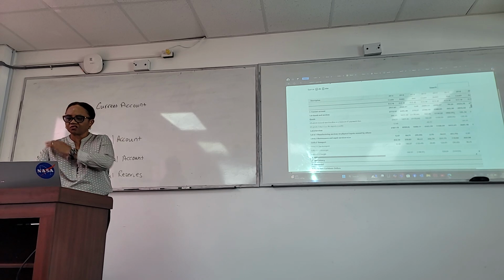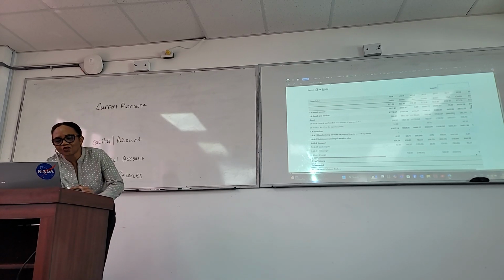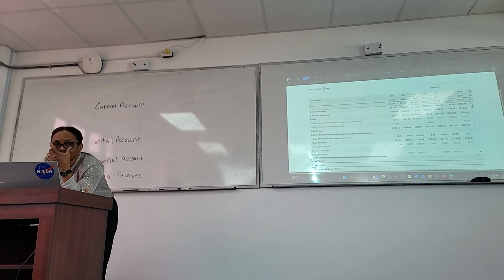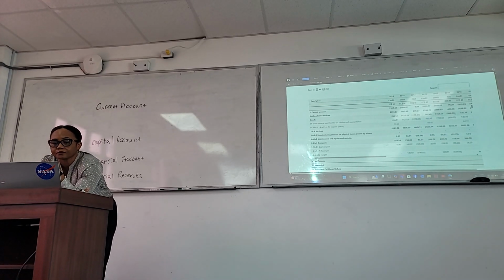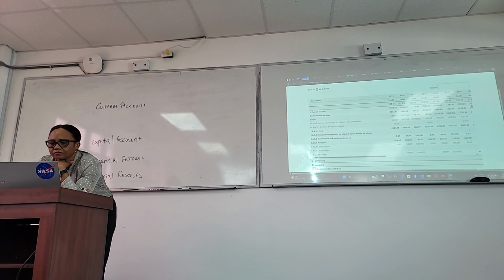I don't remember, that doesn't sound right to me. So what you see there is the consolidation, okay? On the services, you have 2,507 million in credit, and in debit 1,508.